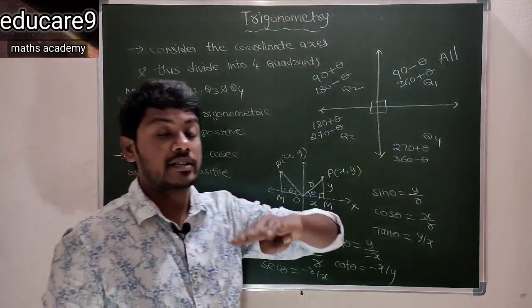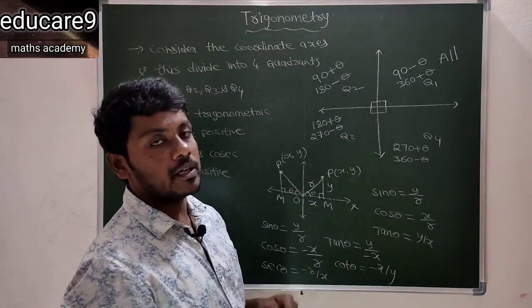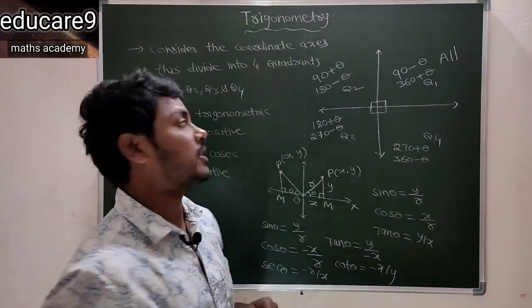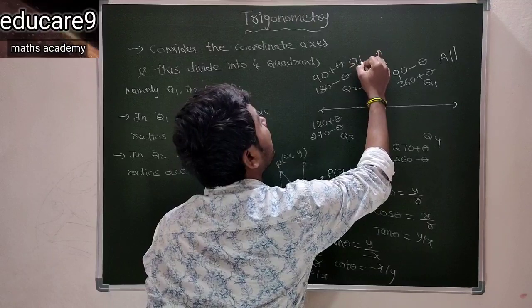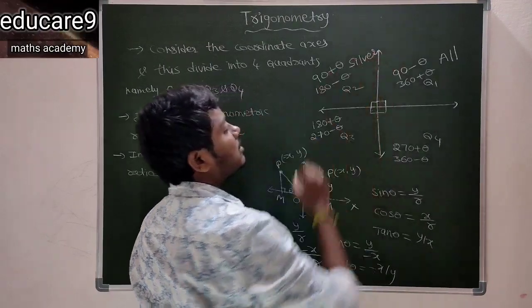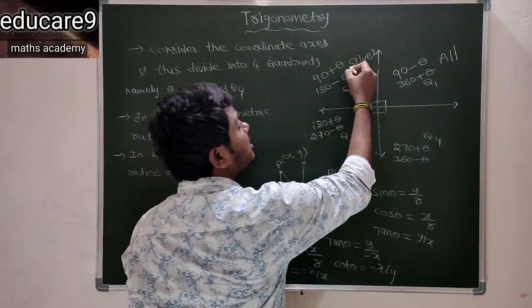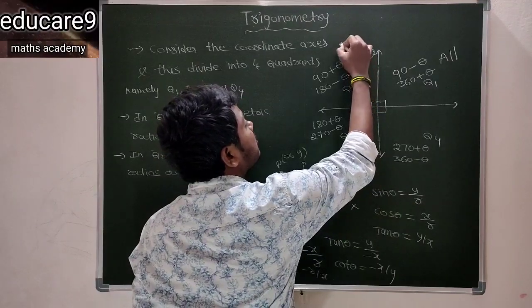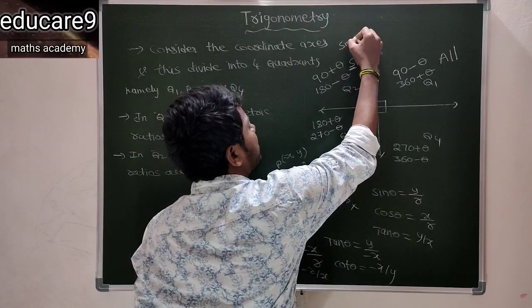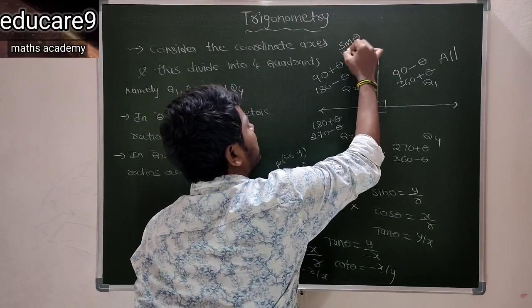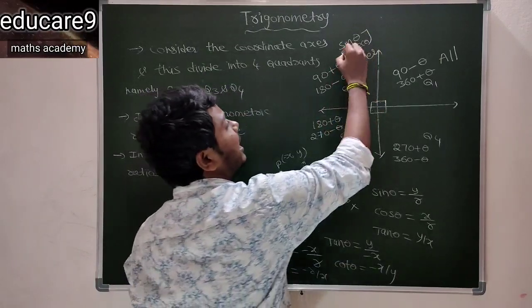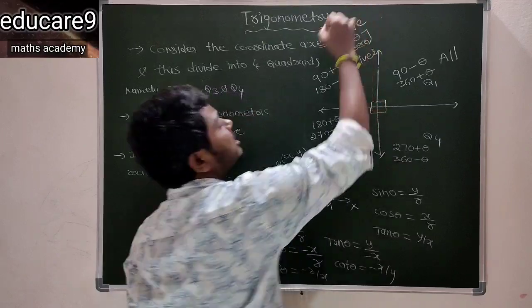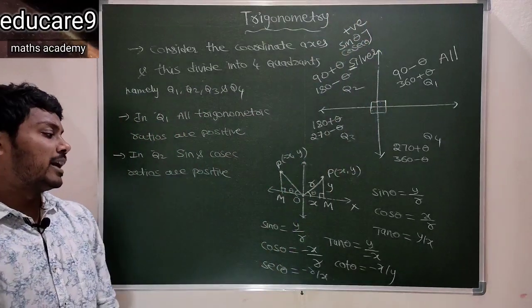In the second quadrant, sine and cosec means sine and the reciprocal of sine. So simply here I am writing A S T C, all silver tea cups. Okay. So here S means S for sine and the reciprocal of sine, cosec. In the second quadrant, sine and cosec are positive and the remaining all are negative.